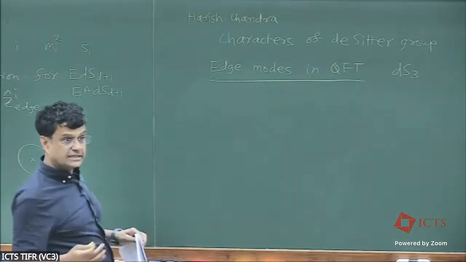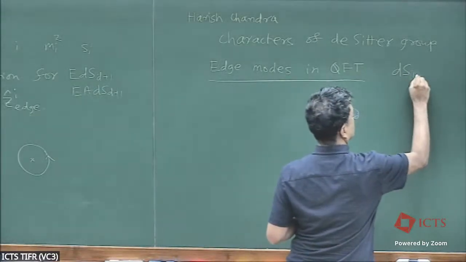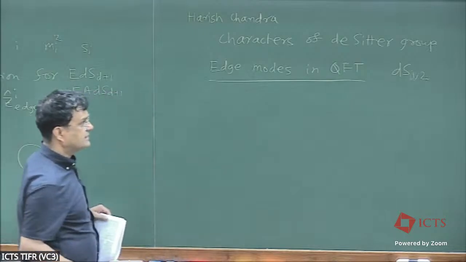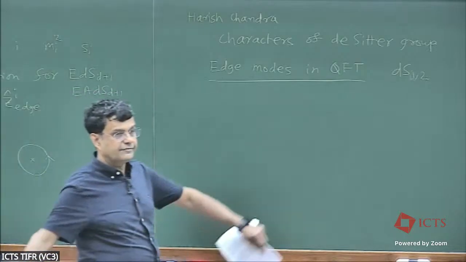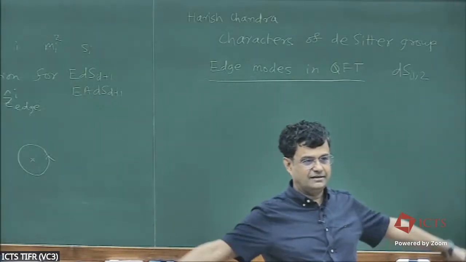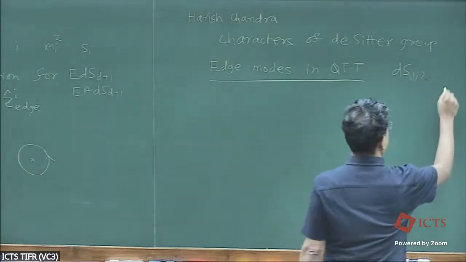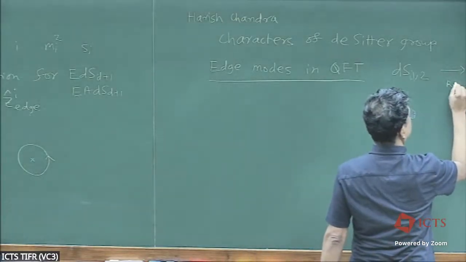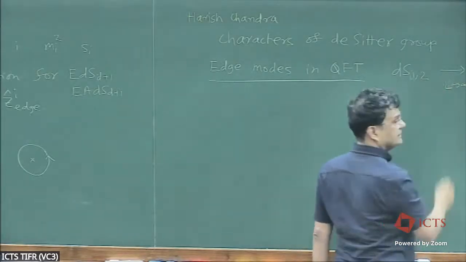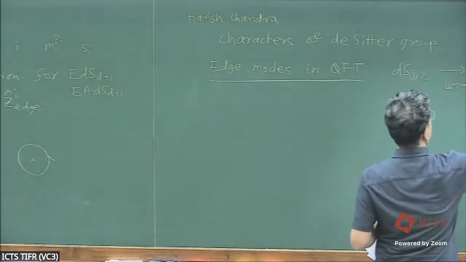So in de Sitter 3, it's really signature 1, 2, right? You can think of de Sitter 3 as some kind of an infrared regulator of Lorentzian space, normal Minkowski space. In the limit of the curvature length scale r going to infinity, this will go to R^{1,2}.